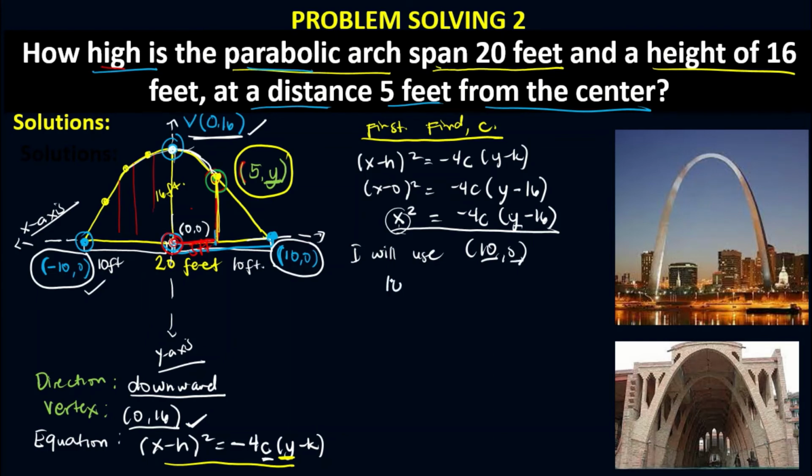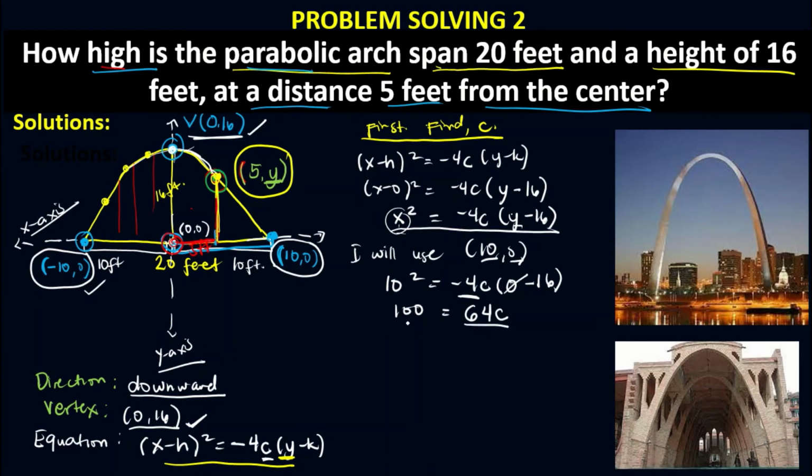So, we have 10 squared is equal to negative 4c times yung y natin is 0 minus 16. Okay, so simplifying this, we have 10 squared is equal to 100 is equal to negative 4 times negative 16, magiging positive 64, then c.